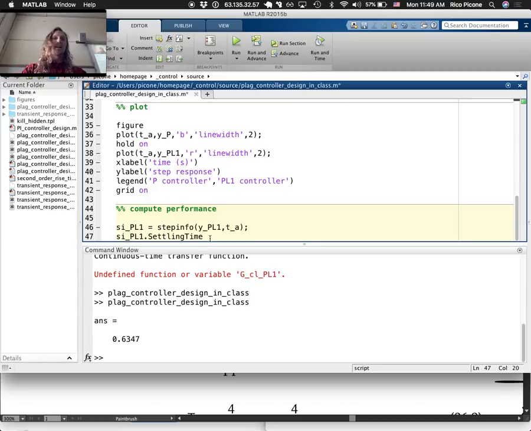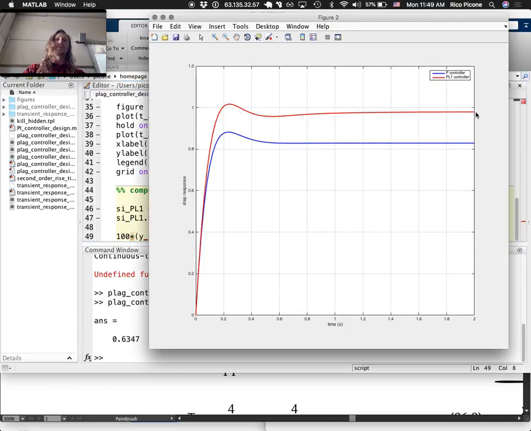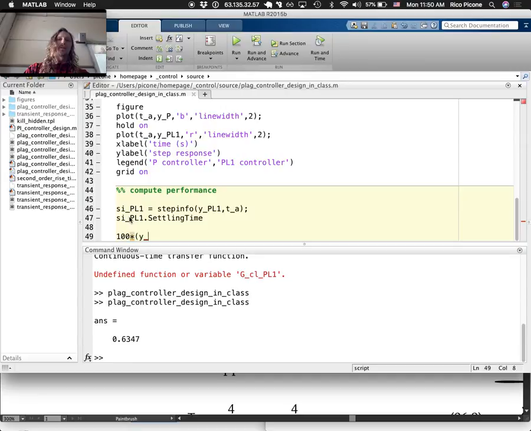And let's look at our steady state error. We can just directly compute that. I want to do it in percentage. We're going to be at 1.8%. So it's 100 times the last value in our step array. It looks like we're now getting to essentially a final value, so we can trust the last value. So let's do that.